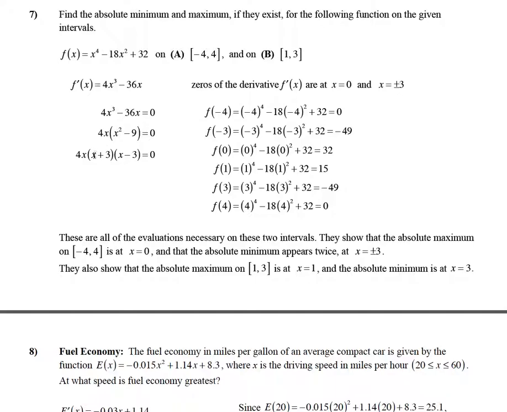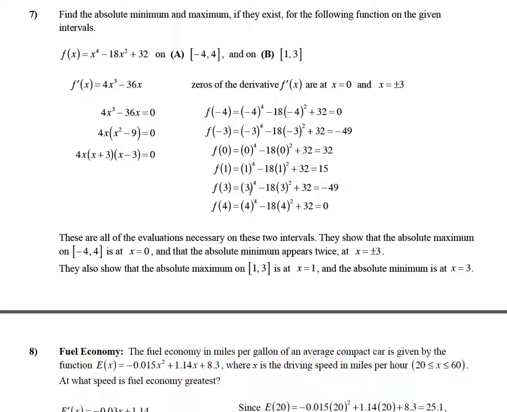Square root of the first is x, square root of the second is 3, and so that factor then appears twice with a plus between one pair and a minus between the other, and so that is our factorization. And we evaluate the function now at these endpoints, -4 and 4, and these critical values, 0, -3, and 3.